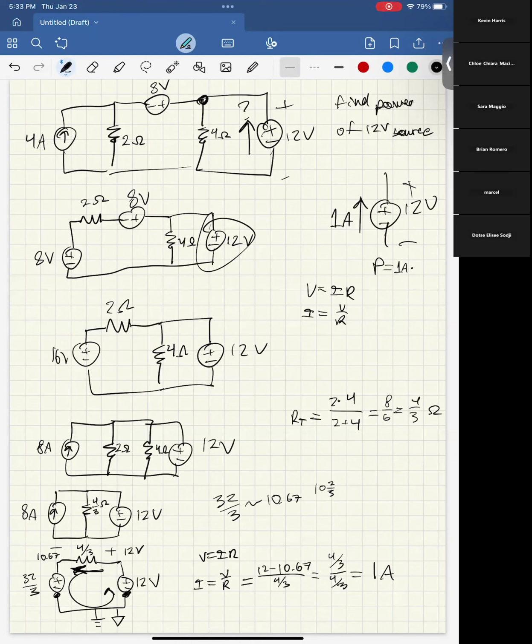Again, we ask what direction is the voltage drop? Here, the voltage drop is going down. It's positive if the voltage drop is in the same direction as the current. Here, it's in the opposite direction as the current. So this is negative 12 volts. And finally, we get the power associated with this source as negative 12 watts.